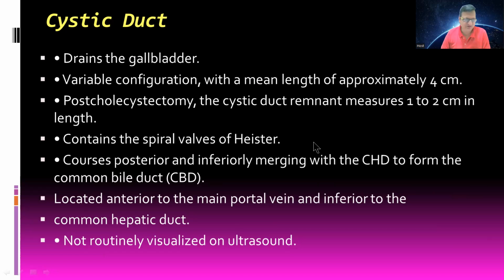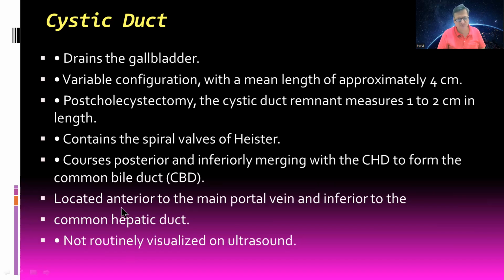It contains the spiral valve of Heister. It courses posterior and inferiorly, merging with the CHD to form the common bile duct. So the cystic duct joins with the CHD and forms the common bile duct.